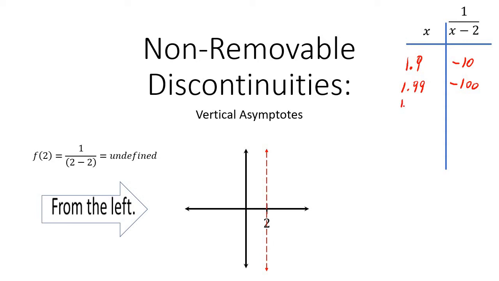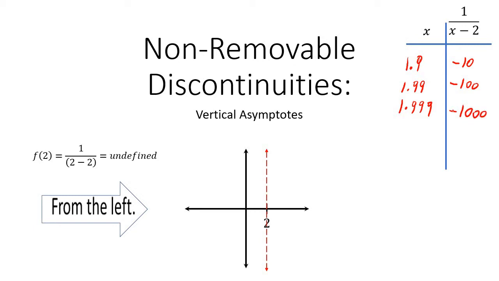And then I'll plug in 1.999, even closer to 2. That's 1.999 minus 2, which is negative 0.001, and 1 over negative 0.001 is negative 1,000.